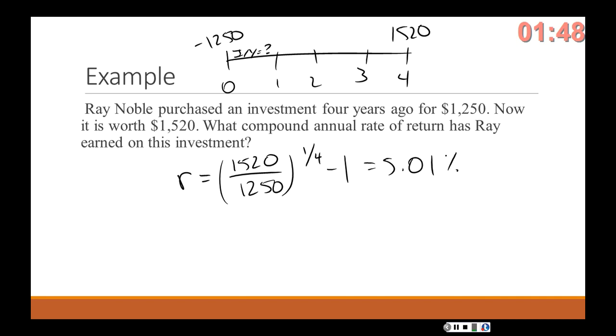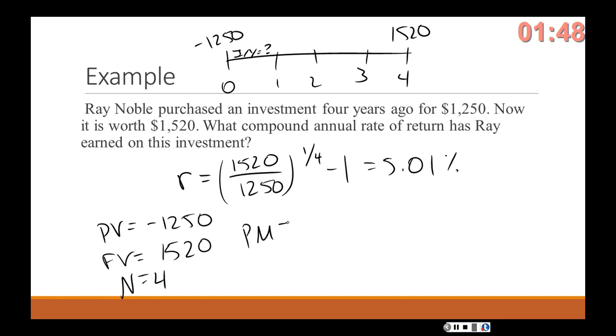Alternatively, you can put it in your calculator. The present value is a negative 1,250. The future value is a positive 1,520. Remember your negative and positive signs. N is equal to 4 and the payment is 0. So what is your interest rate?